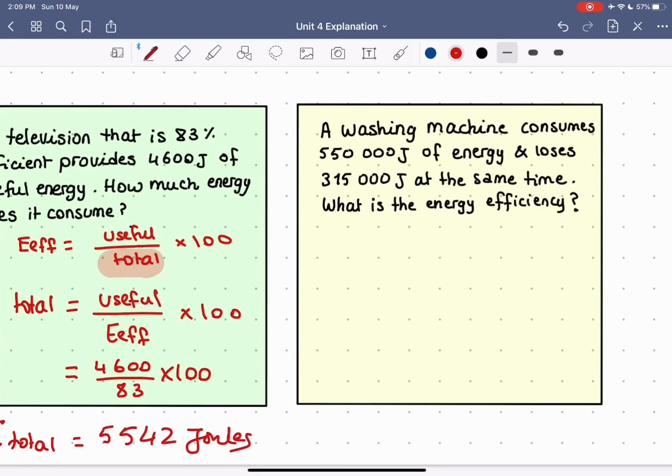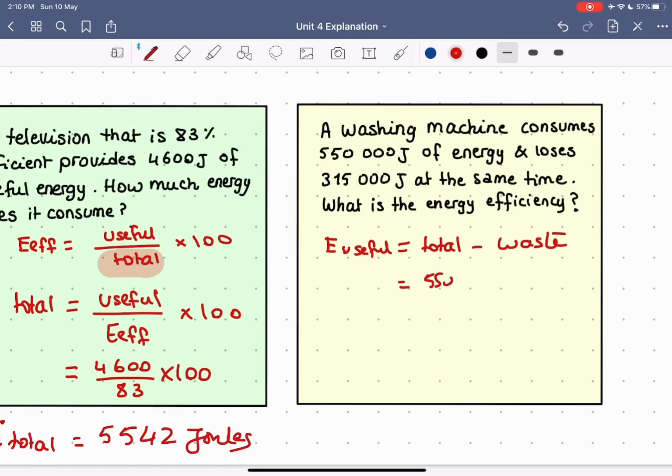Last example is a washing machine that consumes 550,000 joules of energy, and loses 315,000 joules at the same time. What is the energy efficiency? So first we need to get the useful energy. So what is the useful energy? Useful would be total minus waste, as energy is always conserved.